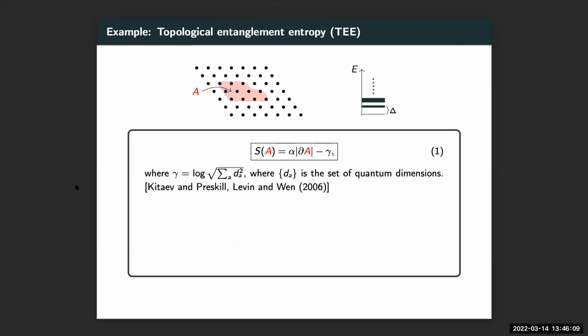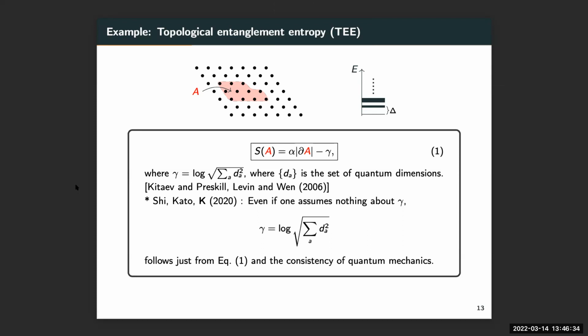So here's one example, which is not particularly interesting, but it is an example. As I told you, there is this formula for the entanglement entropy, and even the expression for the subleading term is known. But hypothetically, suppose that you don't know the exact expression for this subleading term, and you assume that it is just a constant, okay?